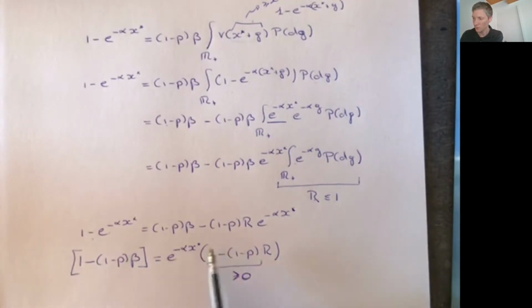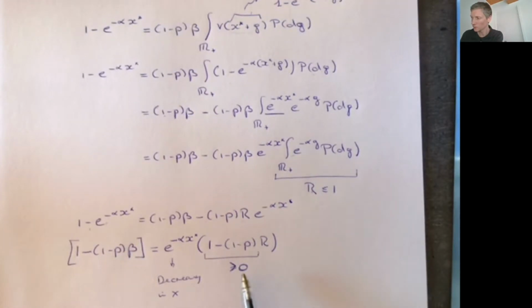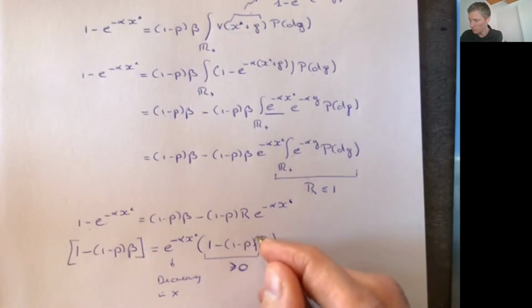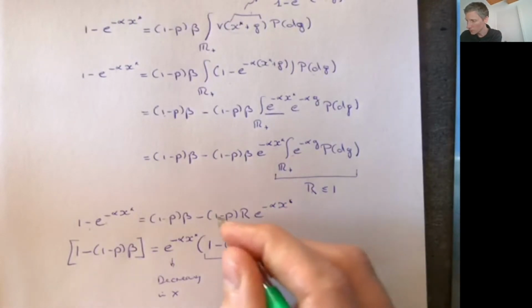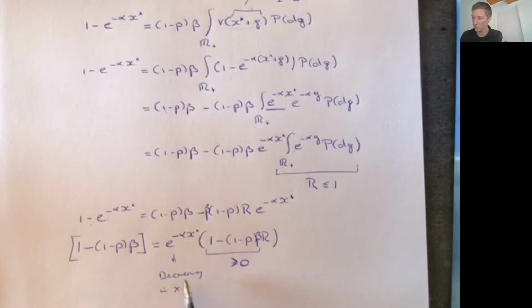Okay, and here this is decreasing in x. Okay. I forgot a beta. Right, so there should be a beta here, I think. Yes, sorry. So I hope it's correct now. So there's beta here. So this is decreasing in x.